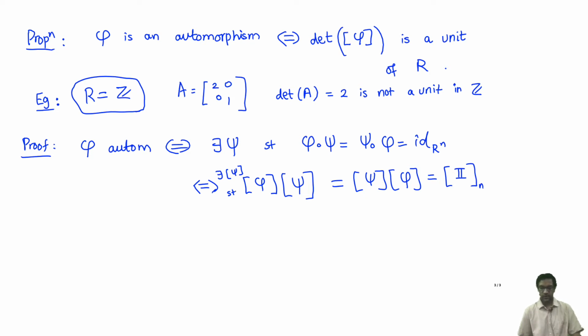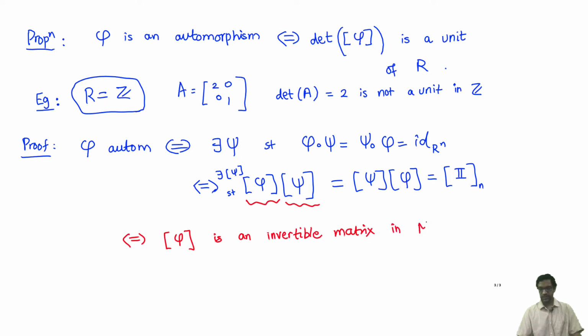It says that to understand when phi is an automorphism, it's enough to understand when the matrix of phi has an inverse. So this matrix here is the inverse of the matrix of phi. Therefore, phi is an automorphism is the same as saying the matrix of phi is an invertible matrix. It's got a matrix inverse.